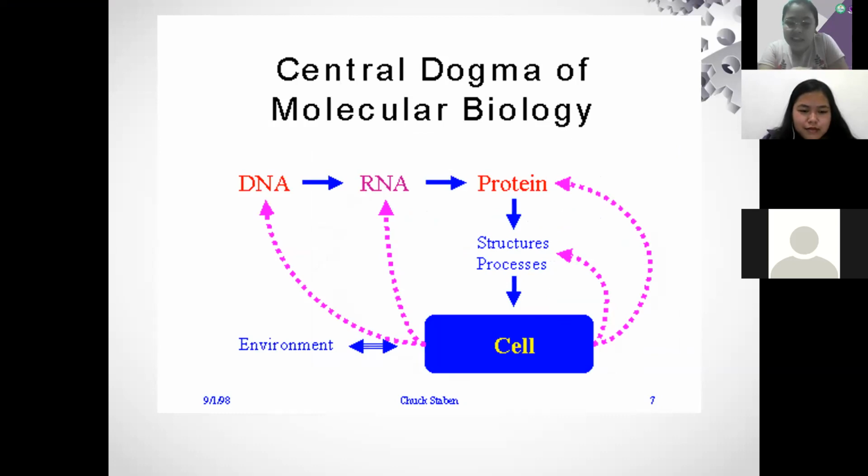Magsa-start muna sa DNA, and then DNA will undergo replication to have more DNA, and then the DNA will undergo transcription to produce the RNA inside our body, and then from the RNA there will be the so-called translation, and that's the time protein will be produced. Without protein, there is no cell, and then there is no life. Okay, so minsan tinatawag siyang central dogma of life.